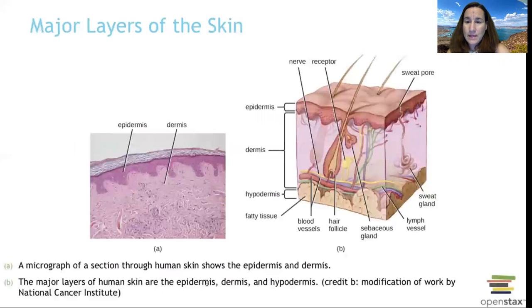All right, so anatomy. We're talking about anatomy of the skin. We have to talk about the layers of the skin, and outside is going to be epidermis. We learned all these when we were in AP1, but just in case you're taking AP1 and micro at the same time.